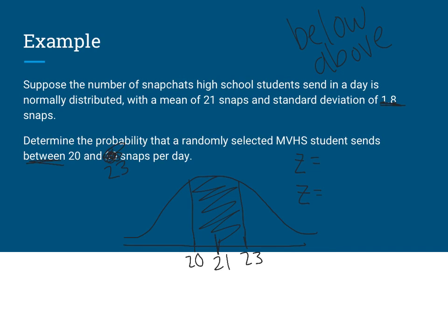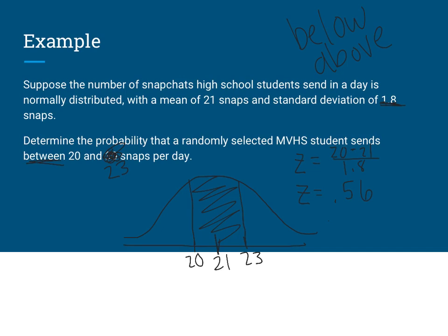For the first one, it's 20 minus 21 all over 1.8. So z equals 20 minus 21 divided by 1.8, which is negative 0.56. I'm going to round that to 0.56.